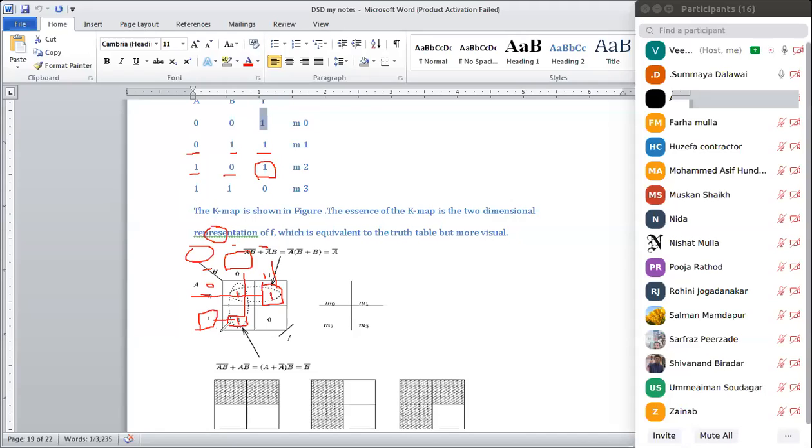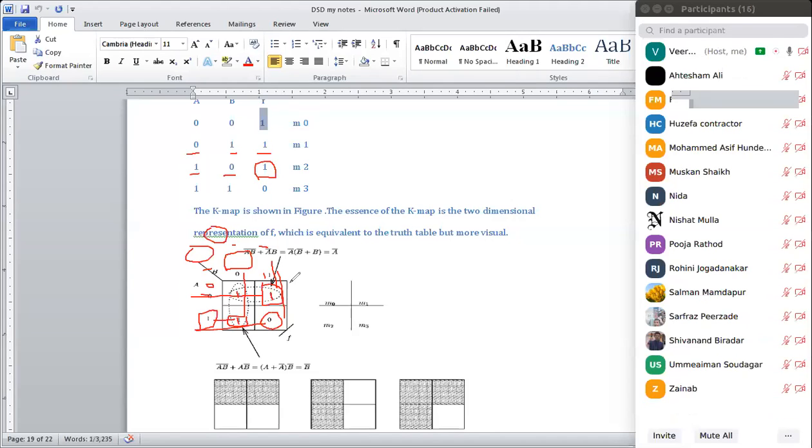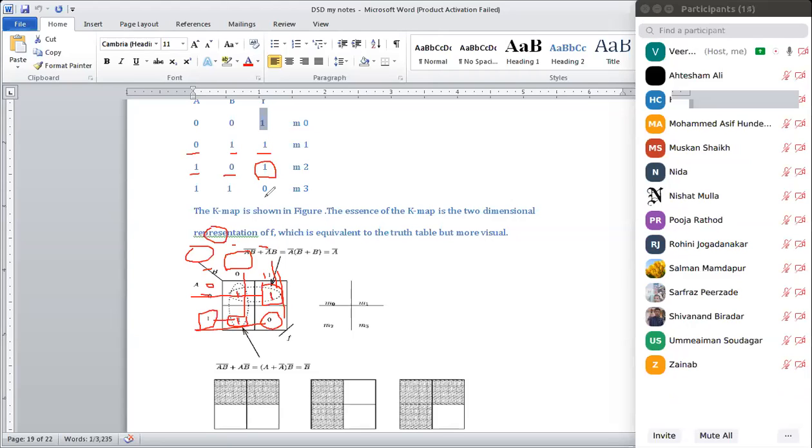Then the intersection of row 2 and column 2: here I have the output as 0, so I am writing 0 here. Now I have just written a K-map for two variables.